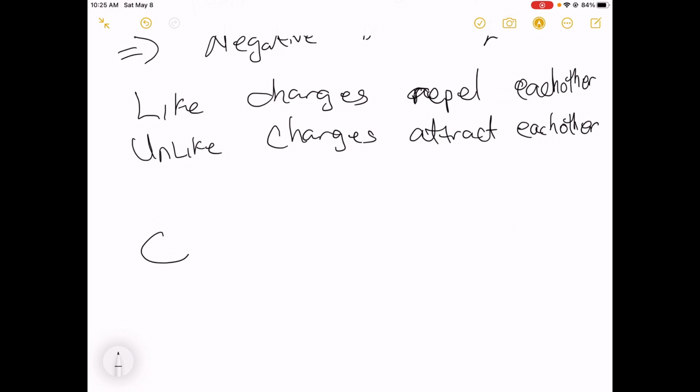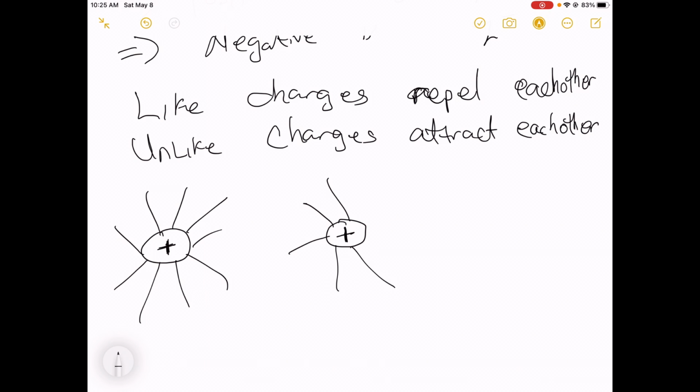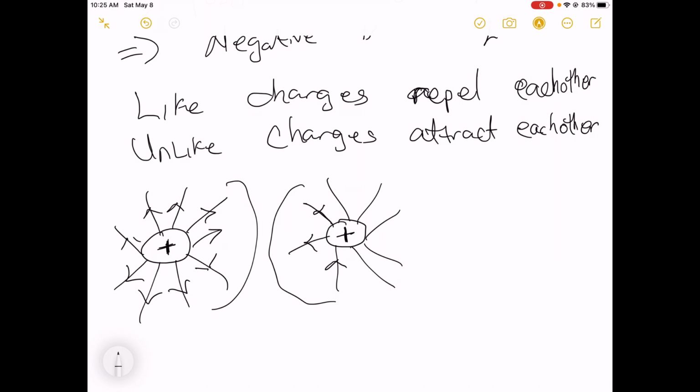For example, when you have a positive charge and another positive charge, there's no sign of attraction. A positive charge loses electron. Electron goes out of a positive charge. There's a repulsion between these two charges.